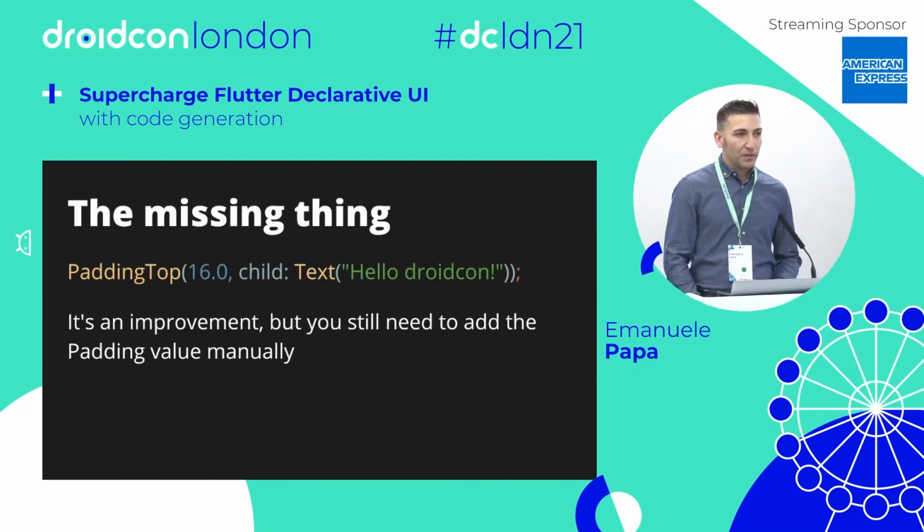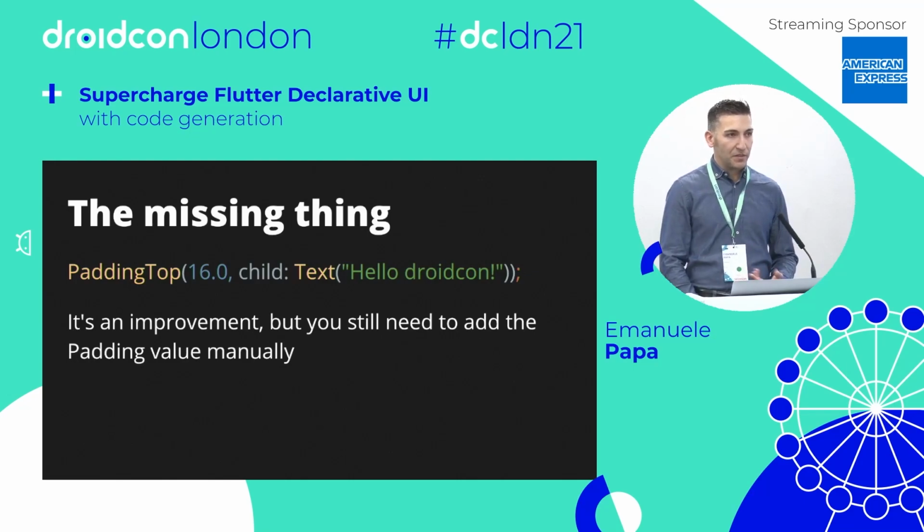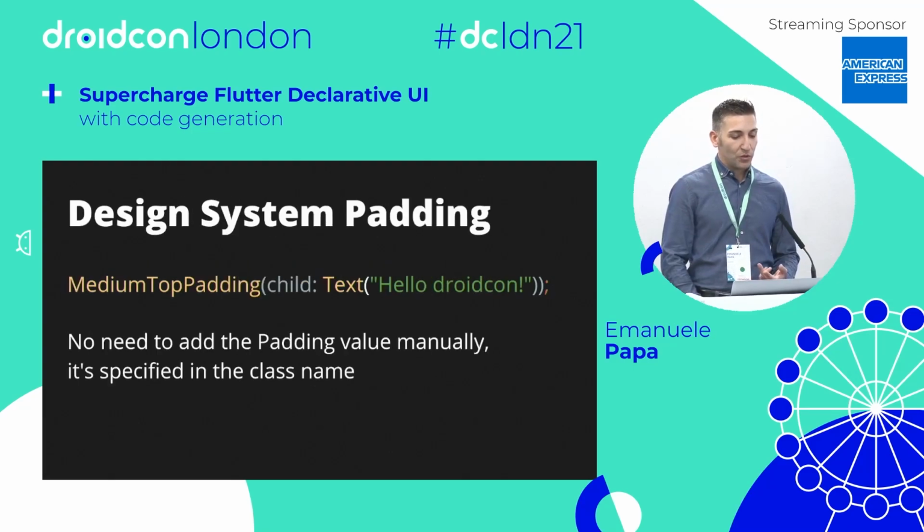I wanted something that could match my design system, so I can define all the padding values somewhere and then reuse them. So the solution I came up with was something like this: medium padding, medium top padding.